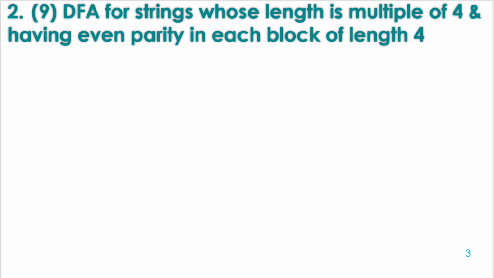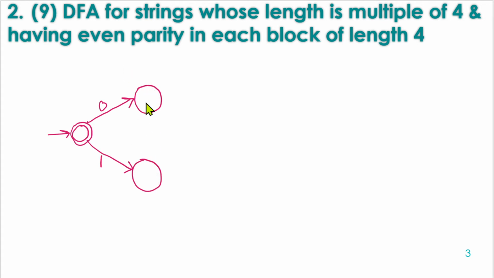So starting with the initial state, the initial state can be the final state, because we have the constraint of even parity. Even means null, and null is acceptable, so the initial state is a final state. Now from the initial state we have just two options, either 0 or 1, so we will move to the next state.